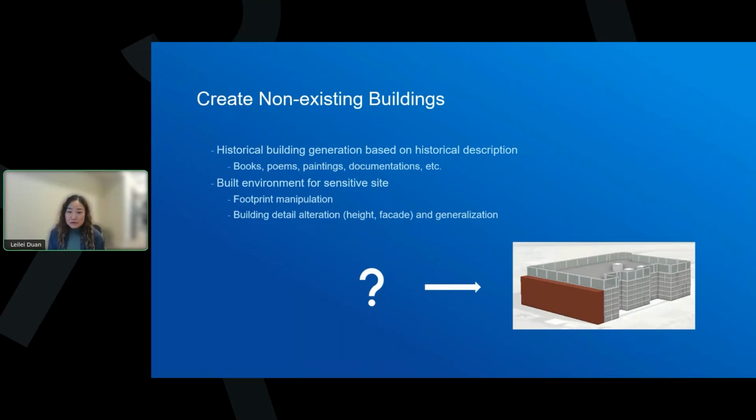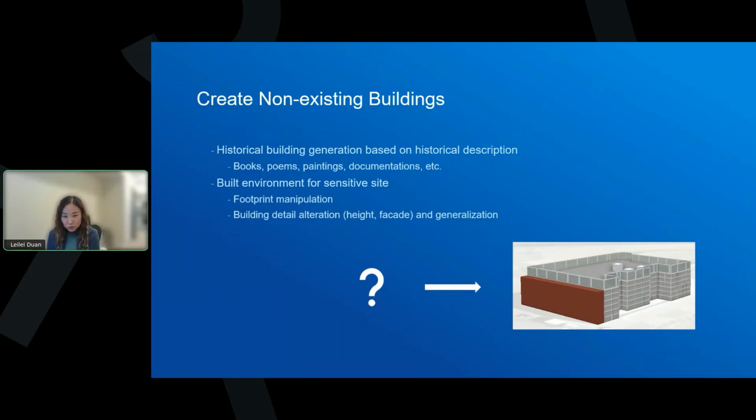First is, of course, if people are trying to create some historical content. By historical content, I mean it's way back in history, when we did not really have photos or digital maps to document that period of time. So what we would do is literally grab information from books, poems from that time, paintings, and documentation, and try to convey those descriptions of building styles and visualize that in CityEngine.